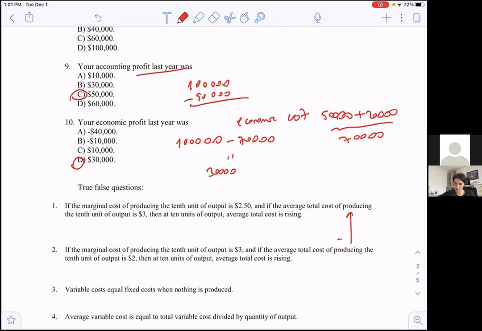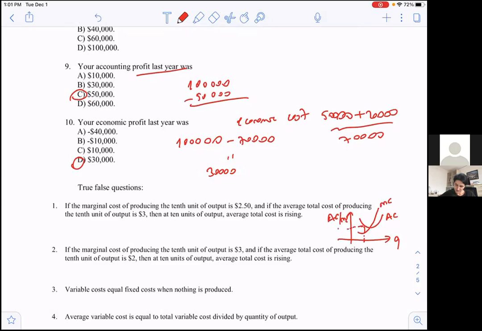Okay, so let's draw the cost. So this is Q, this is AC, MC. Okay, so this is the AC. What we said, marginal cost will pass through the minimum of AC. Okay, so in here, at the 10th unit, average cost is above the marginal cost.